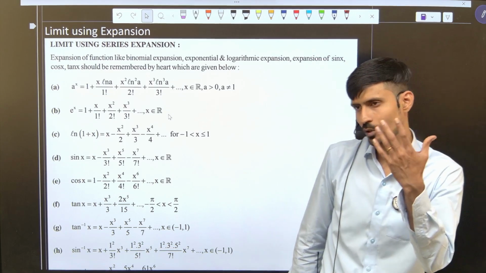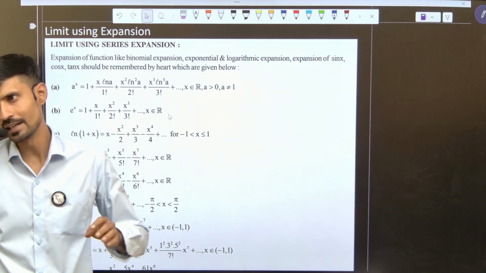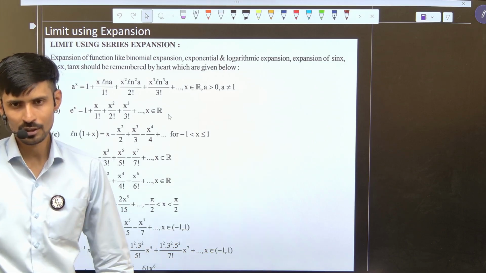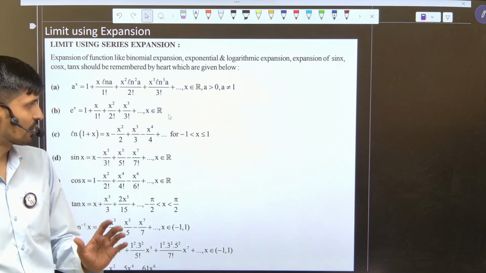His thinking was very good, and he gave a formula with which you can change any function into a polynomial function. That formula works for all.